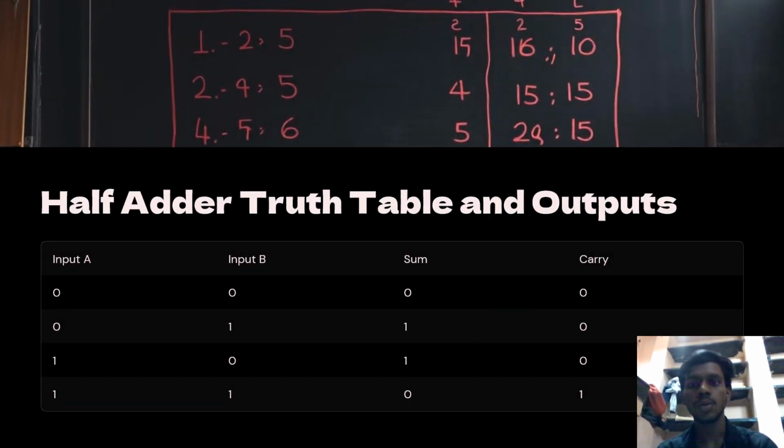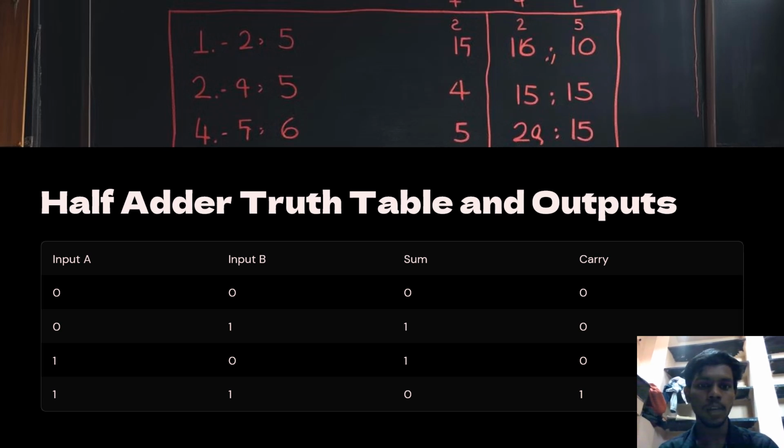Half adder truth table and outputs. We have input A, input B, sum and carry. If inputs A and B are 0, then the sum is 0 and carry is also 0. If input A is 0 and input B is 1, the sum is 1 and the carry is 0. If input A is 1 and input B is 0, the sum is 1 and the carry is 0.